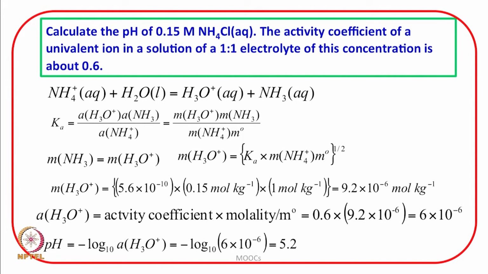And the point to be noted in this question is that we were given a 1:1 electrolyte. And if you note down here, the value of activity coefficient at 0.15 mole per kg is 0.6. 0.6 is quite different from 1.